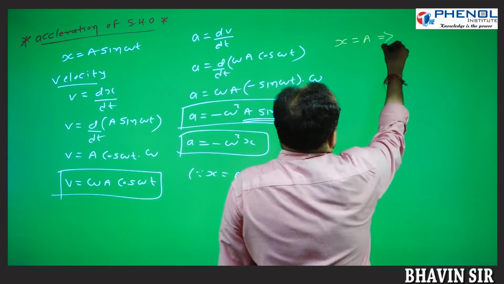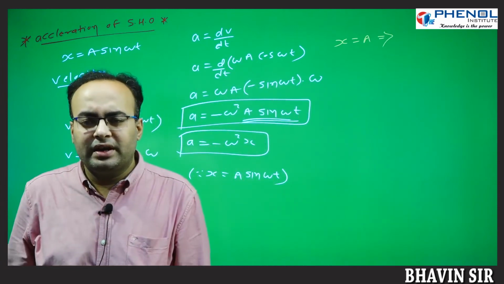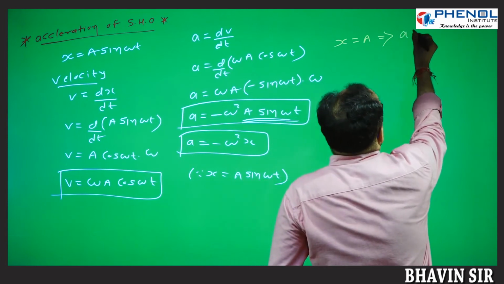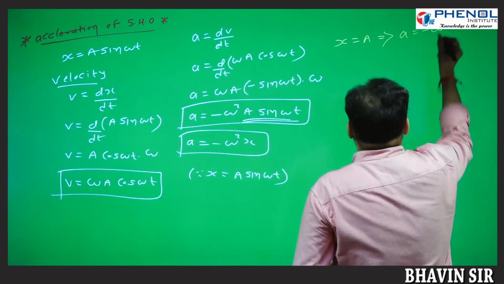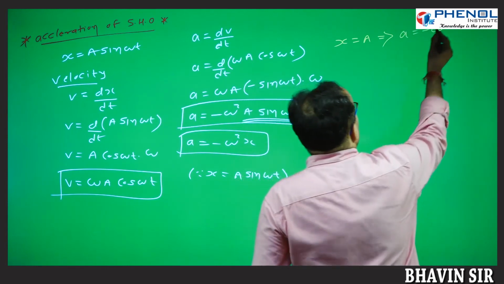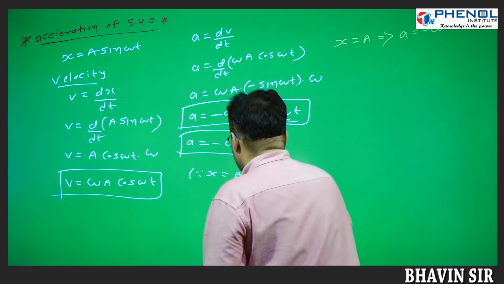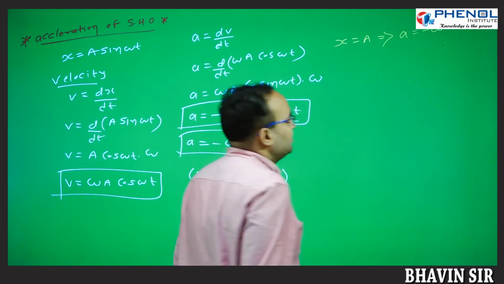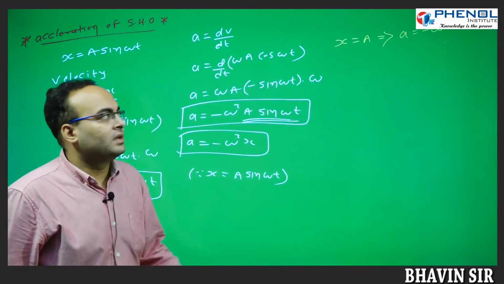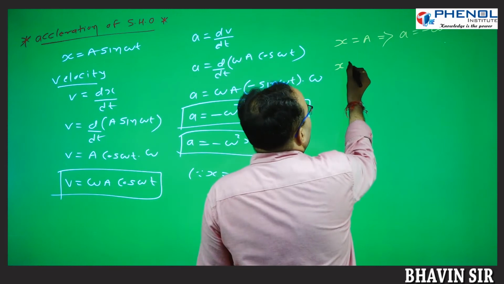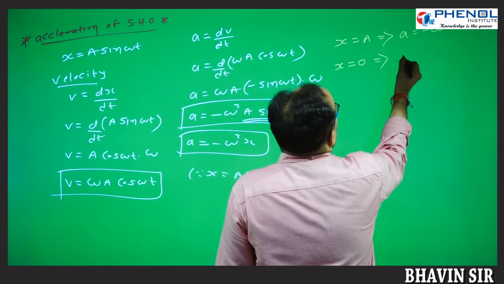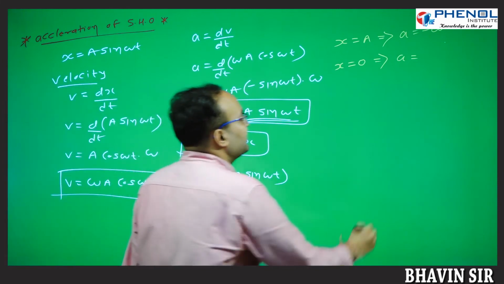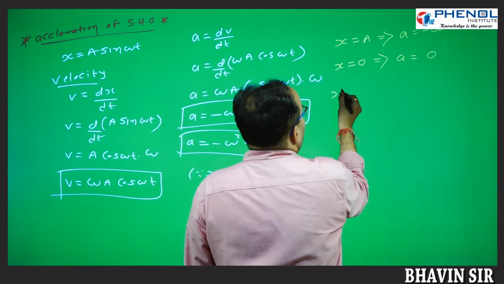When x equals A, then acceleration is minus omega square A. If we take x equals 0, then what is the acceleration? 0.